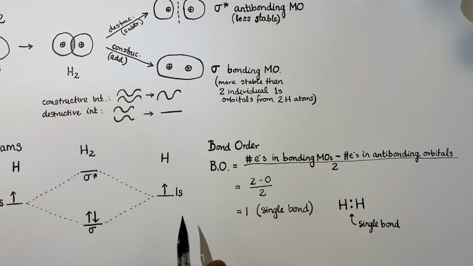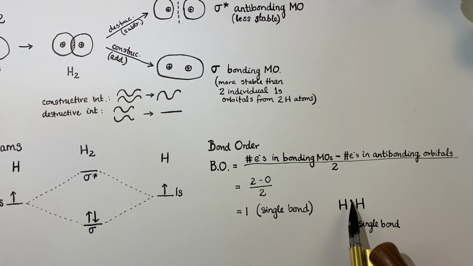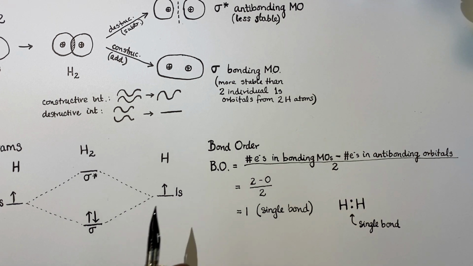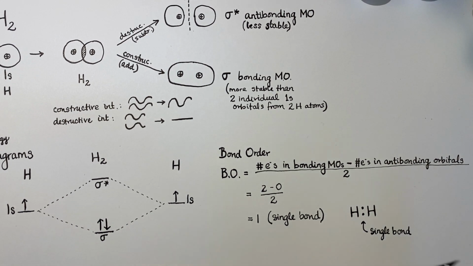It's not a theory that gives us anything that would go against what's already known. And this single bond, the strength of this bond, that's consistent with experiments where they've studied the strength of the bond. It's consistent with it being a single bond. So experiment, Lewis dot, molecular orbital theory, all these are consistent with each other. They just have different strengths, and we get different pieces of information from each of those theories.